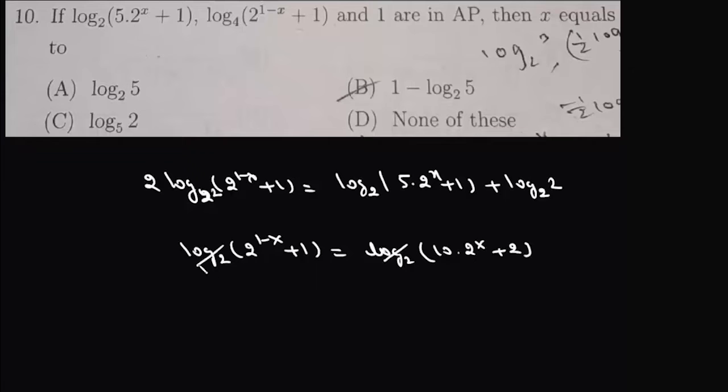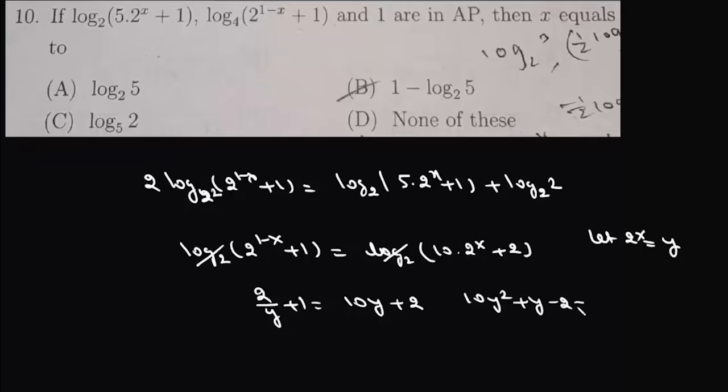Now log will cancel. We'll take 2 to the power x as y. So it will be 2 upon y plus 1, and there will be 10y plus 2. You can write this as 10y square plus y minus 2 equals 0, which is 10y square plus 5y minus 4y minus 2 equals 0.